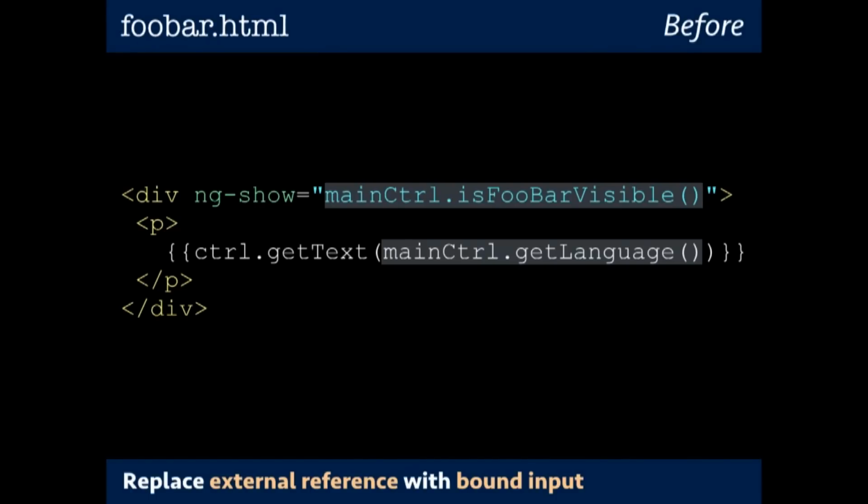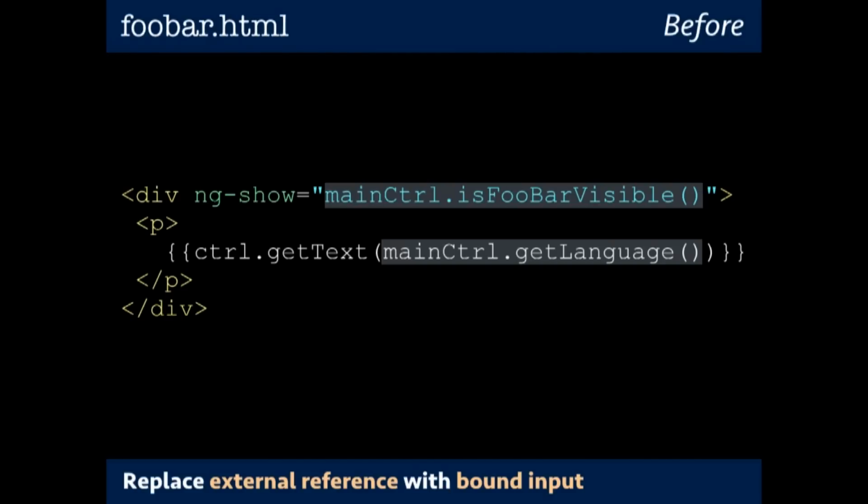So main controller here is something that's on a parent scope somewhere, which the component does not internally have any business accessing, because now if you try to use this component, you have to know that you have to set up this magic main controller on an upper scope. And that's not how components should work.